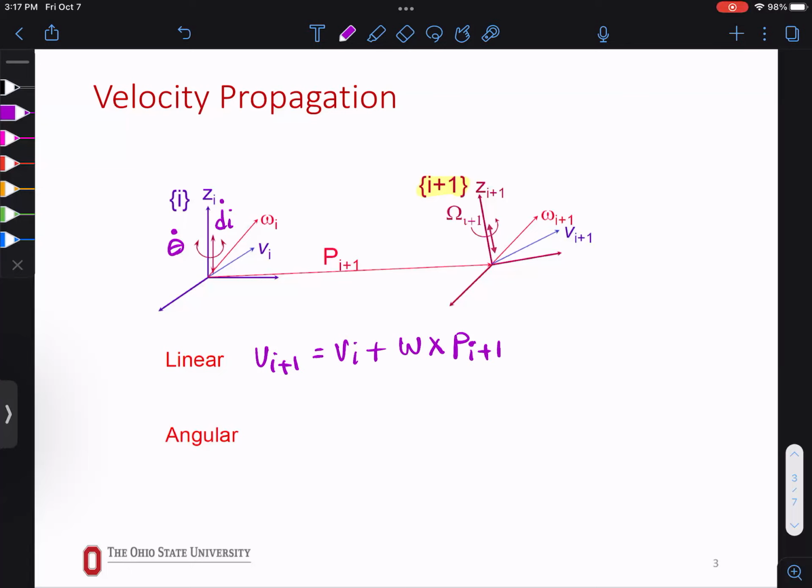The i plus 1 could be a prismatic joint. It could have a linear velocity, right? We don't know what the joints are. We're assuming the general case.